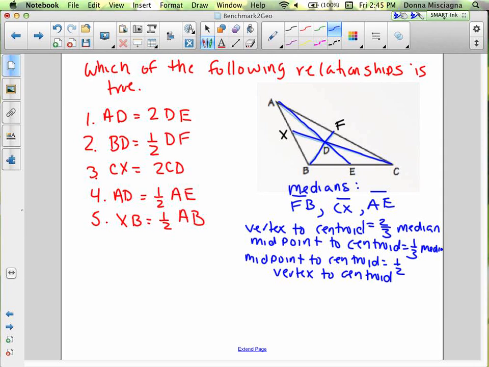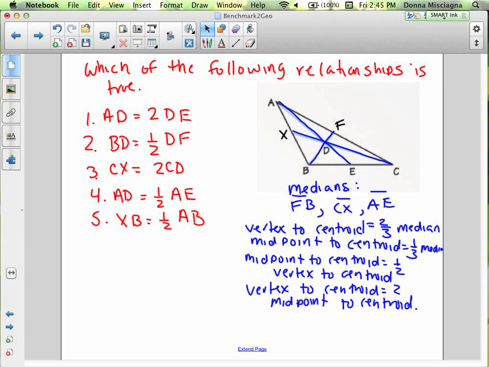Or we can go the other way around: the vertex to centroid is 2 times midpoint to centroid. And we know that these are all midpoints, and the midpoints are going to divide the sides into two congruent segments. So we know that's all true.